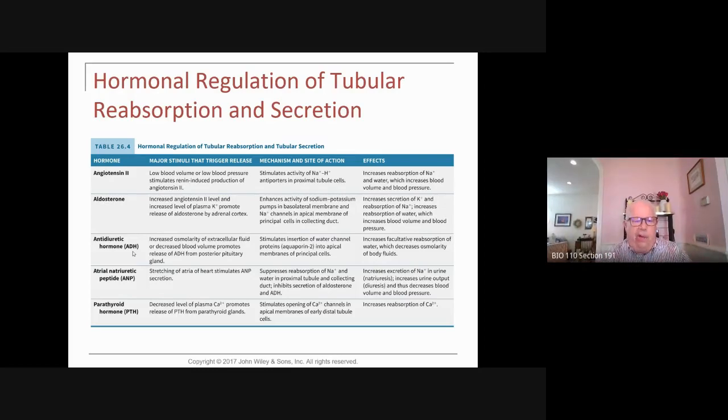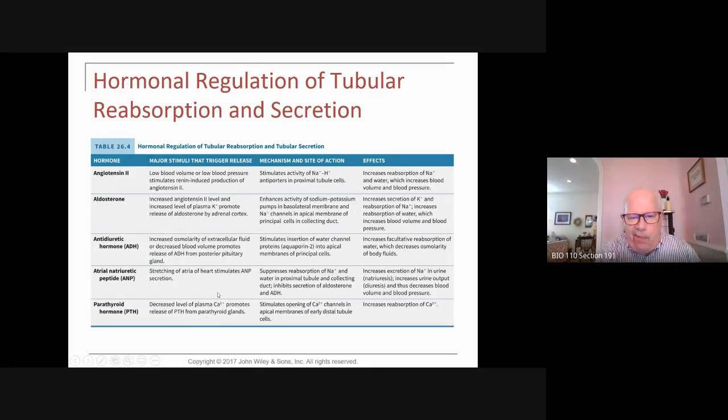The other hormone is PTH, otherwise known as parathyroid hormone. Parathyroid hormone is there to raise your calcium levels. In the presence of decreased calcium, the parathyroid glands will release parathormone.